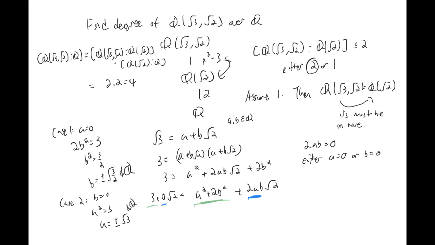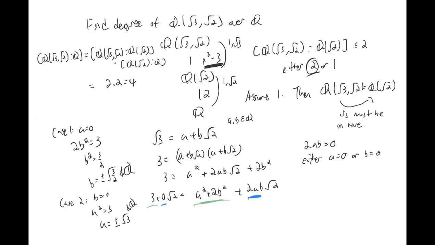Does everyone see this? And I found the polynomial of degree 2 that has root 3 as a root. So 1 and root 3 generate this space. The basis of this space is given by 1 and root 3. The basis here is given by 1 and root 2.